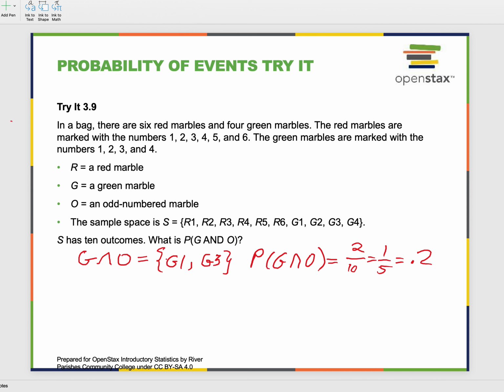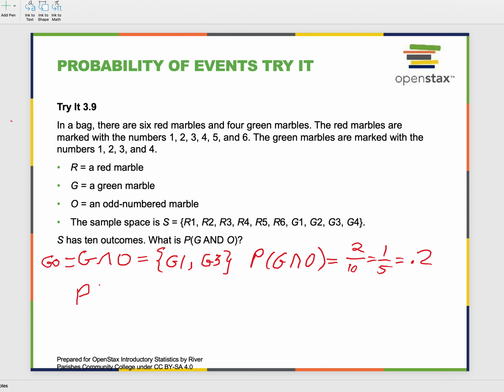Let's look at a conditional probability here. Let's give this a name. Let's call this just GO, green odd.